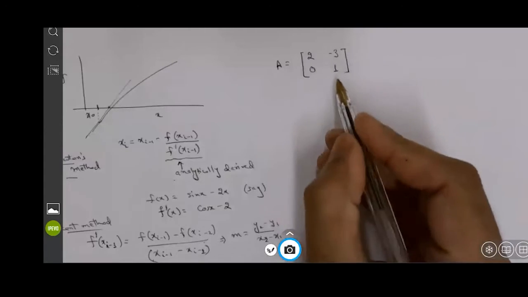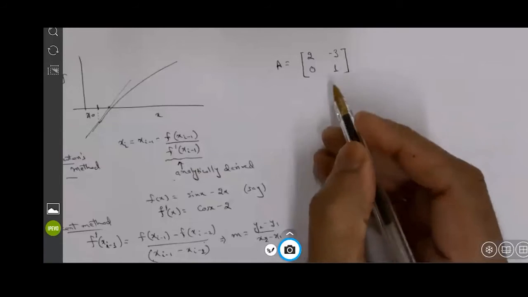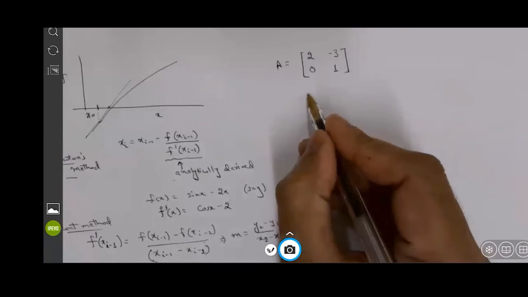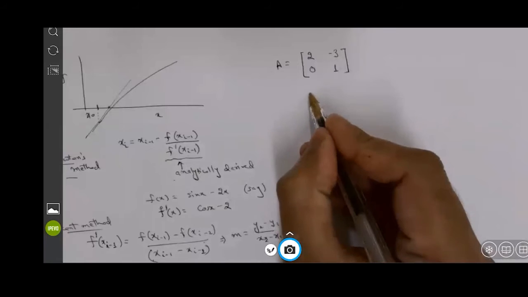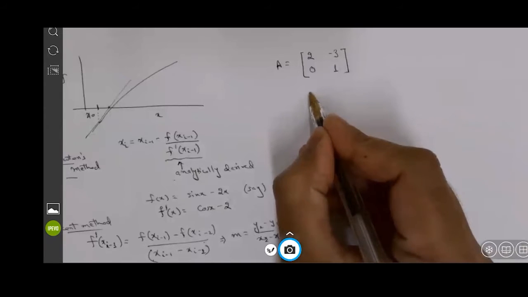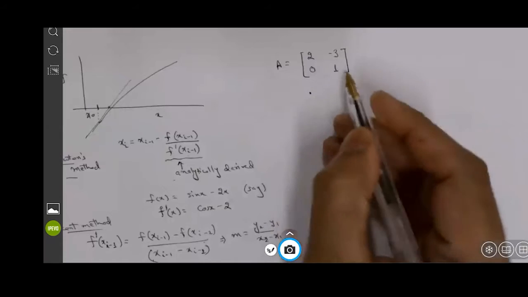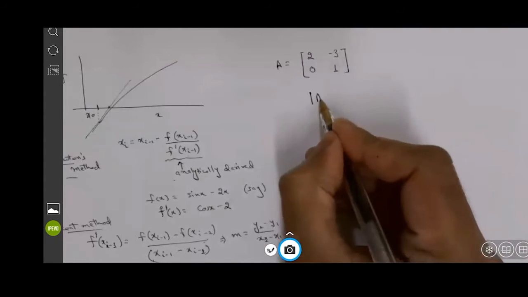Before I actually write, the determinant is basically given by this symbol.